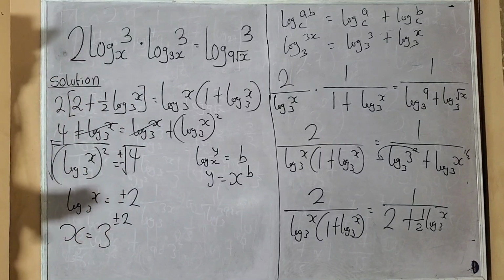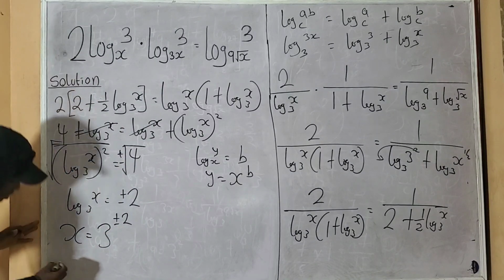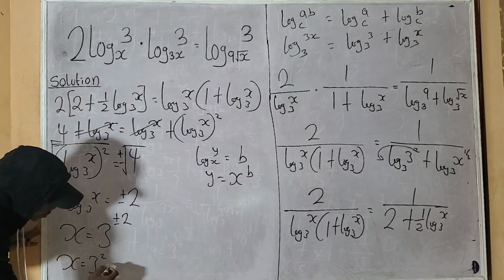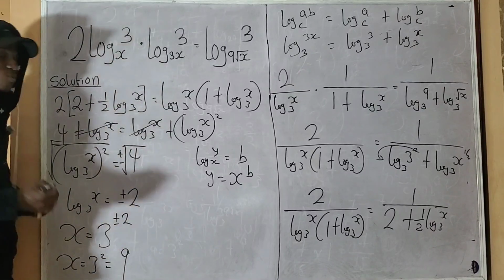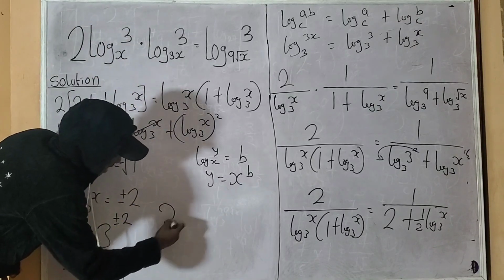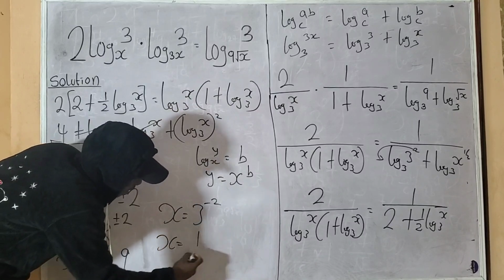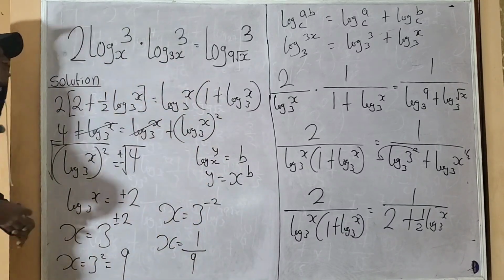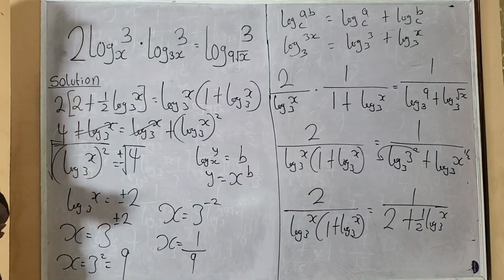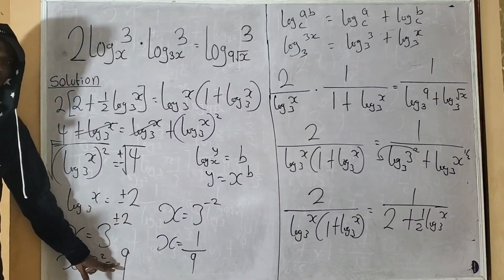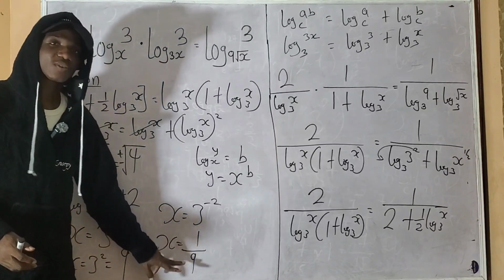Let's first analyze the positive part. I'm going to have x equals 3 squared, which is 9. Now, when x equals 3 raised to the power of negative 2, we're going to have x equals 1 over 9. So the two values of x are x equals 9 or 1 over 9.